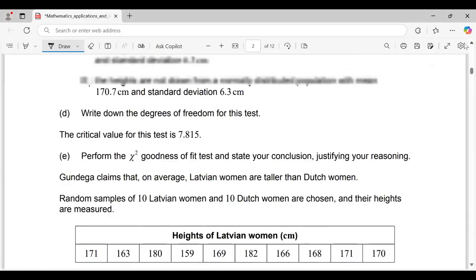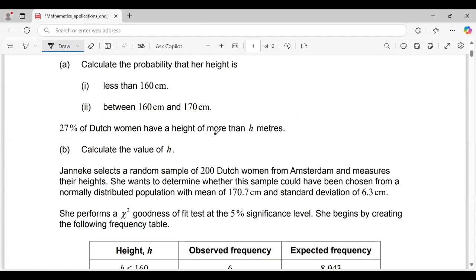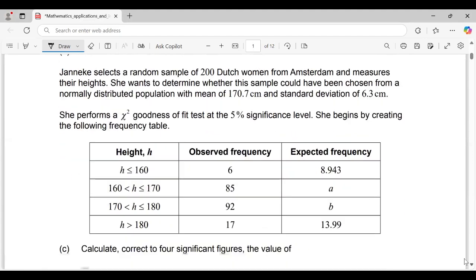Part B, question B. 27% of Dutch women have a height of more than h meters. Calculate the value of h.